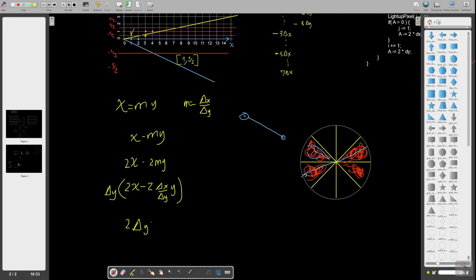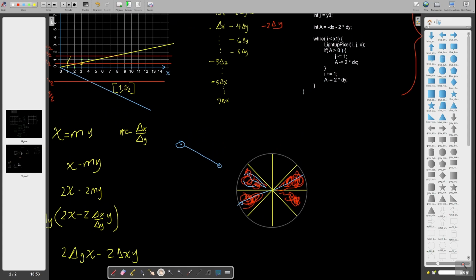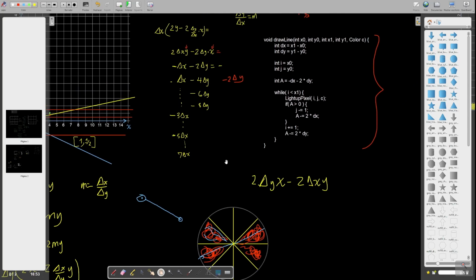Twice delta y by x minus twice delta x by y. And this would make that, let me just move it here, and now take a look that the terms have been practically swapped.